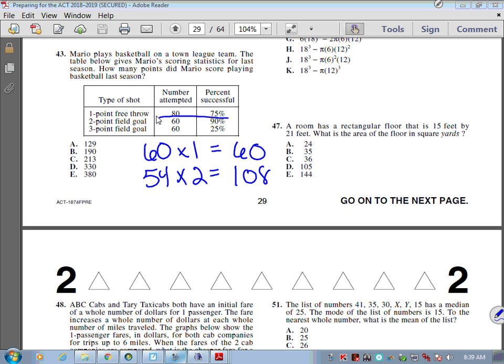So 60 times 0.25 is 15. He's making 15 3-pointers, but he's getting 3 points for every one of those, so he's getting 45 points. So 60 plus 108 plus 45 should come out to 213.